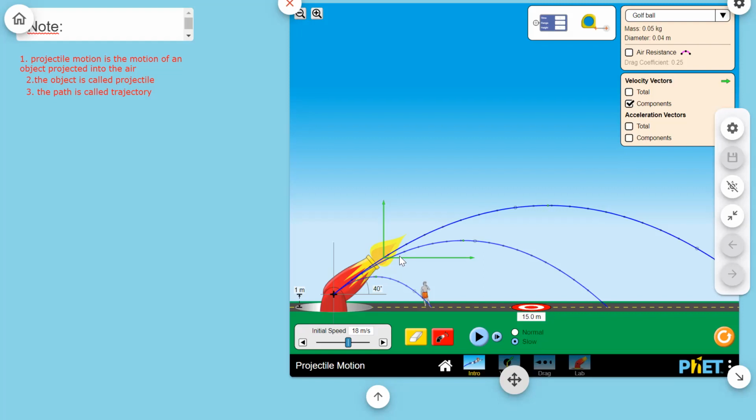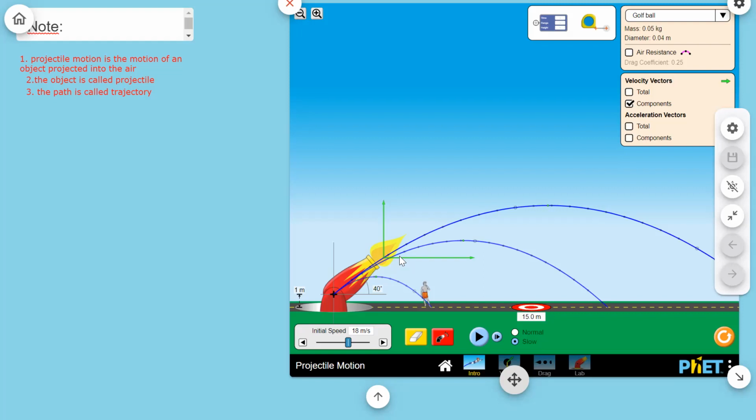So the key to analyzing two-dimensional projectile motions is to break it down into two motions, one along the horizontal axis and the other along the vertical axis. And the choice of axes is the most sensible. Why?